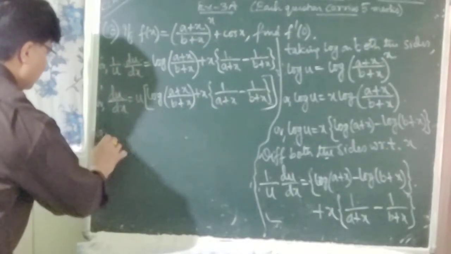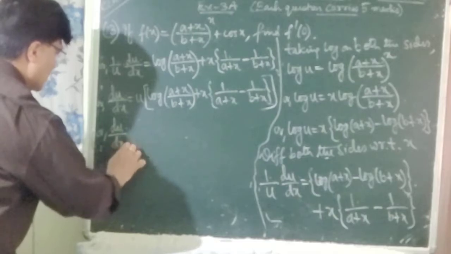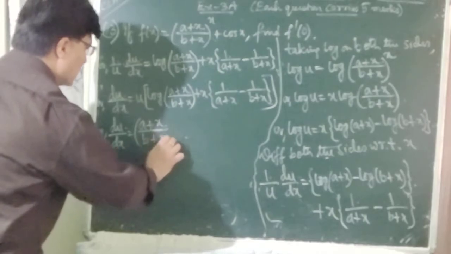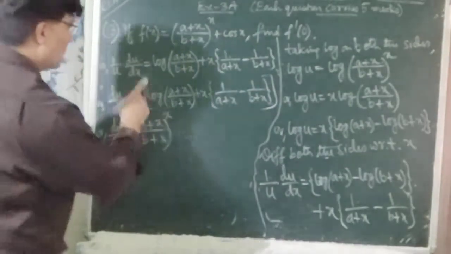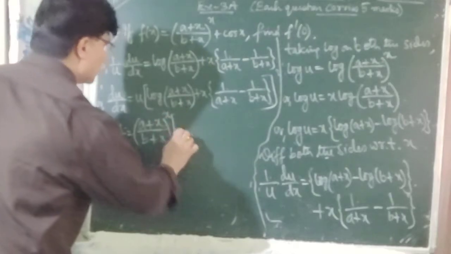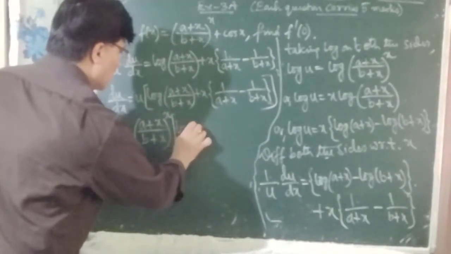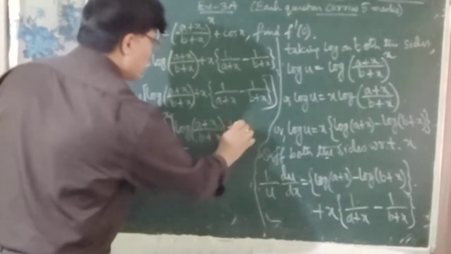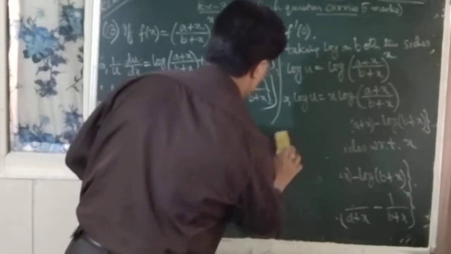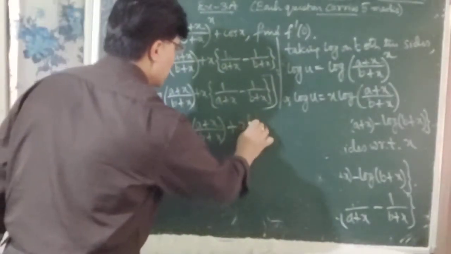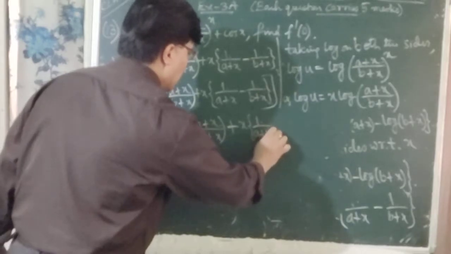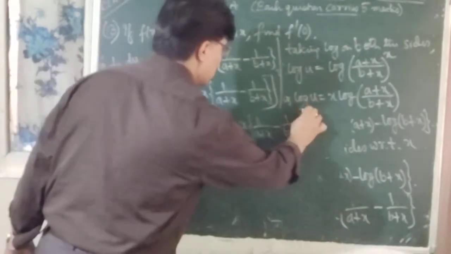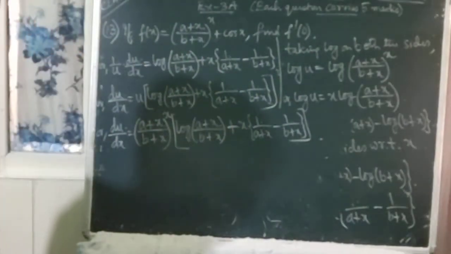So now du by dx is equal to, what was the value for u? It is (a plus x) upon (b plus x) whole to the power x, right? So that is the value for u, and within third bracket it remains the same. That is log of (a plus x) upon (b plus x) plus x within second bracket 1 upon (a plus x) minus 1 upon (b plus x), second bracket closed, then the third bracket is also closed.